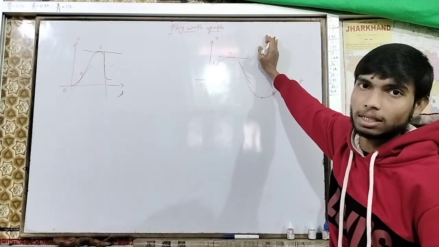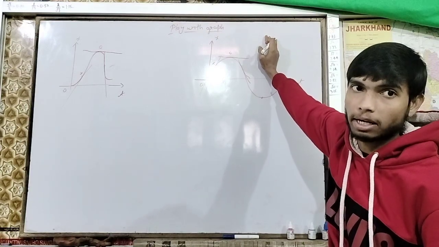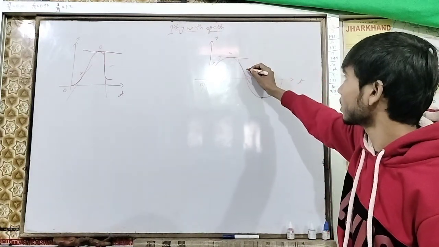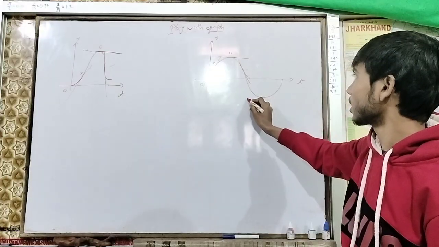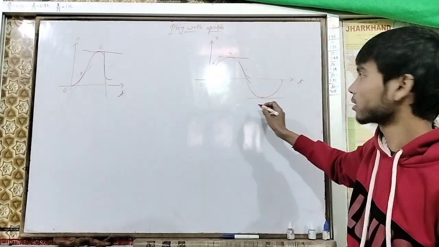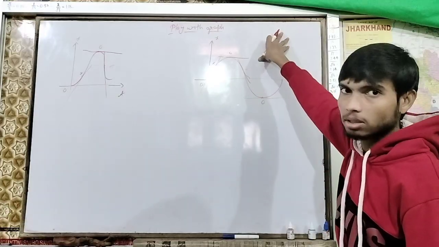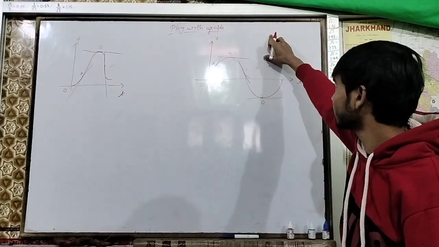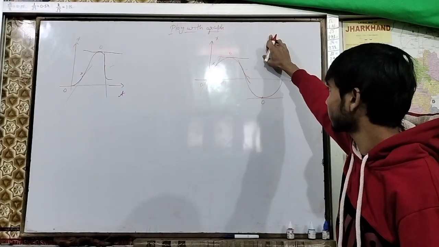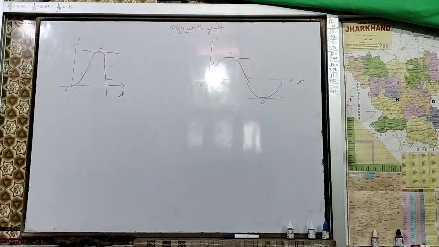So in that case you will say our slope is negative. What about this? Here again we are getting a horizontal slope. That's why this is 0. I hope you understood something.